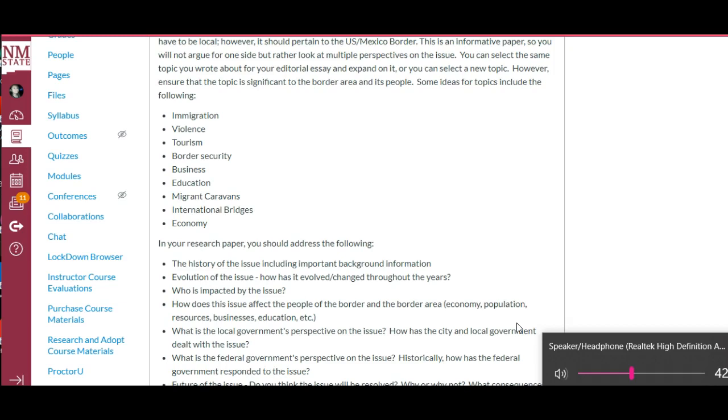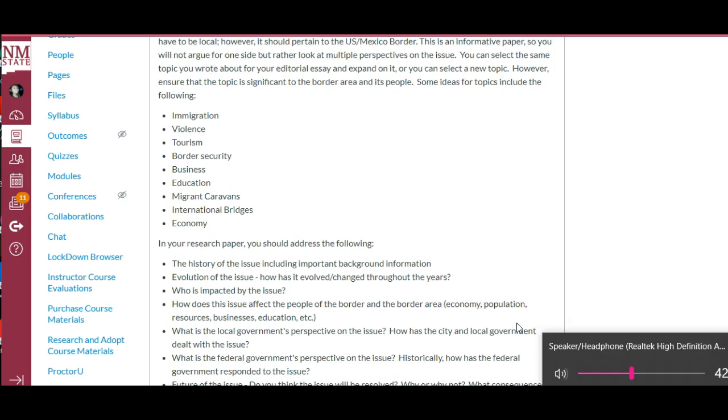Of course, we do want to make sure that we mostly focus on issues that are present on the US side of it, just because focusing on issues that only pertain to the Mexican side would involve a lot more research and that would involve using Mexican sources and translating sources and getting to know the law and getting to know the policies and demographics, which obviously we're not going to do for this research paper.